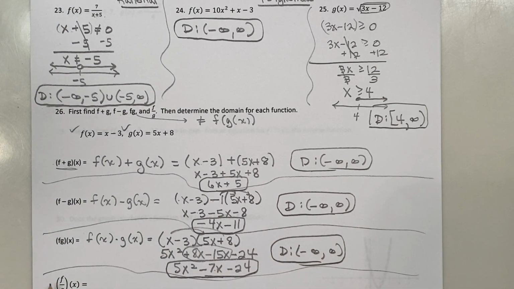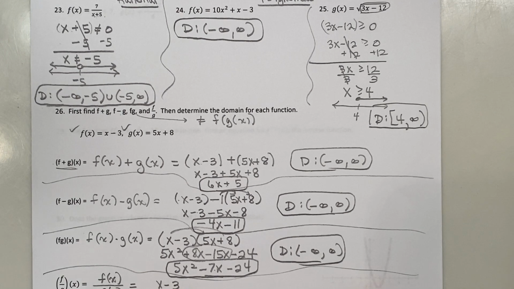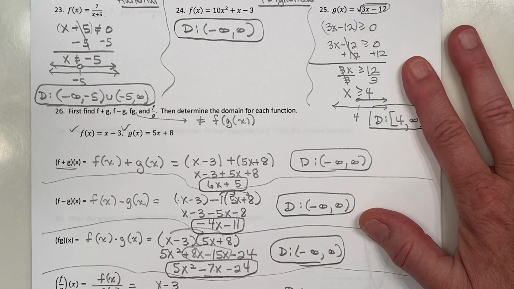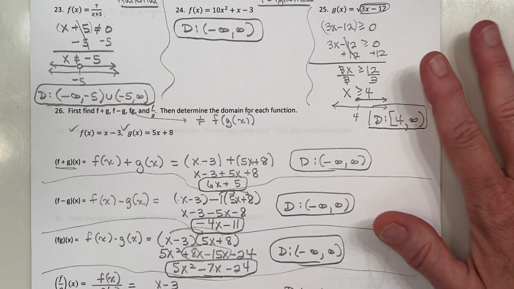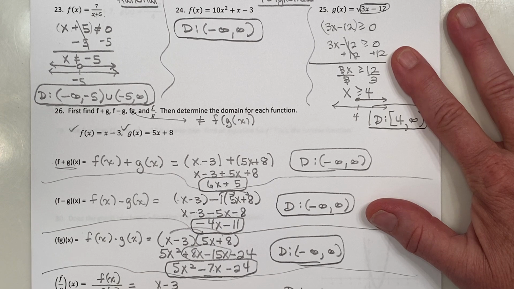And finally, let's divide, which alternate notation would look like this, f of x over g of x. Let's put f on top and g on bottom. There's nothing more I can do here other than report its domain, but the domain is not going to be all real numbers because it's a rational function with a variable in the denominator. So let's take 5x plus 8. We don't want that to equal 0.